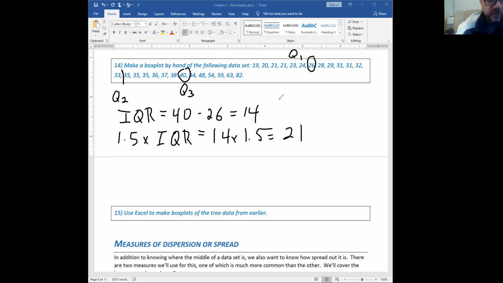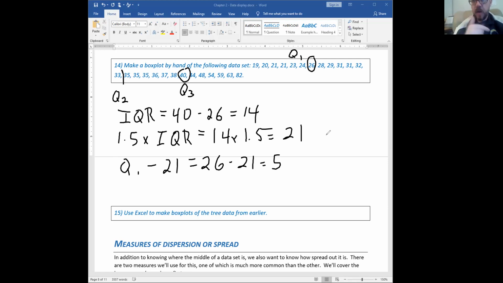What I'm going to do is Q1 minus 21, so 1.5 times the IQR below Q1. Q1 is 26, so that is 26 minus 21, which is 5.